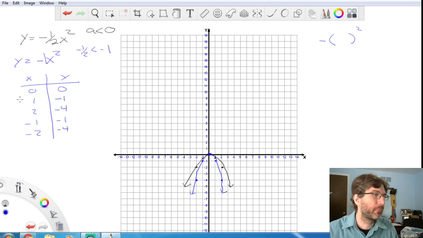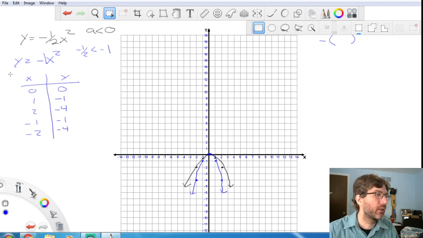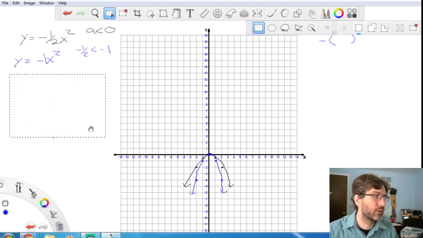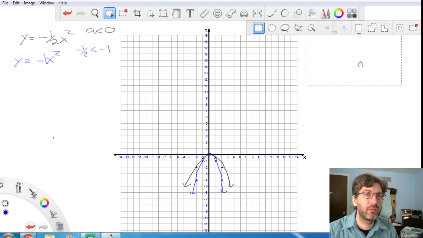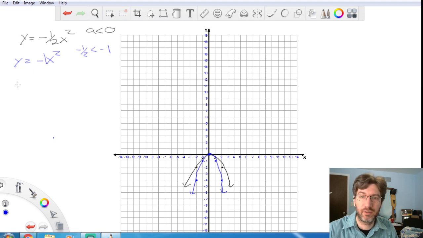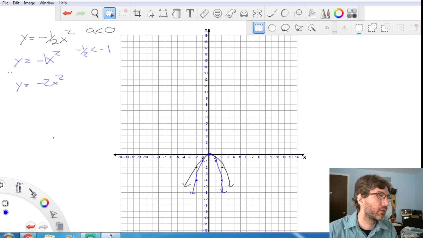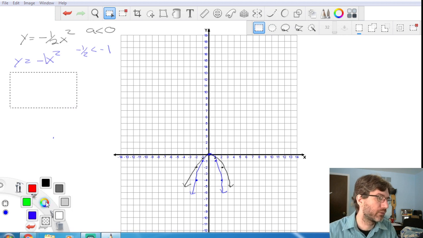So let's look at our last one to graph, just to keep it consistent. We have y equals -2x². So here, let's do this in red so we can see the difference.